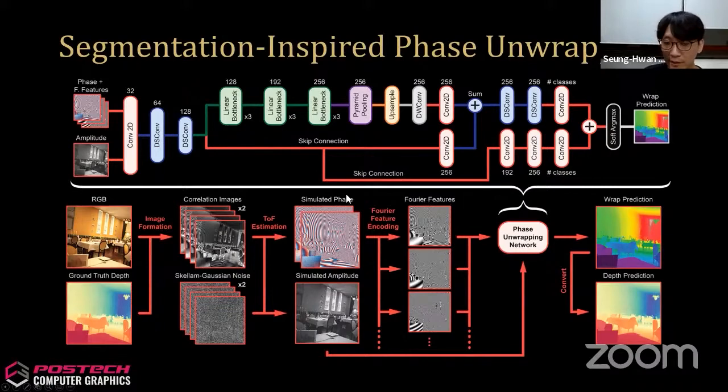We're going to skip the details, but the general idea of this network is that we interpret this phase unwrapping problem as a different form of image segmentation. So we want to estimate the correct phase label as a kind of semantic label, right?